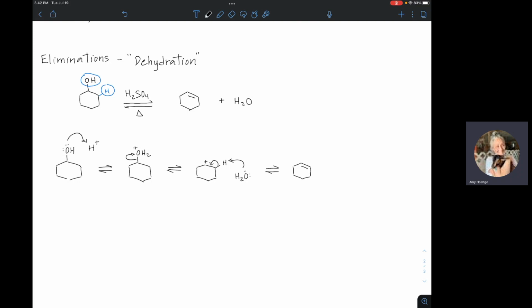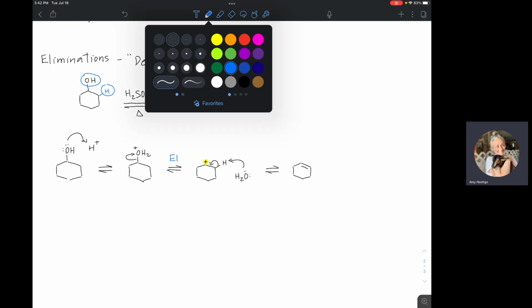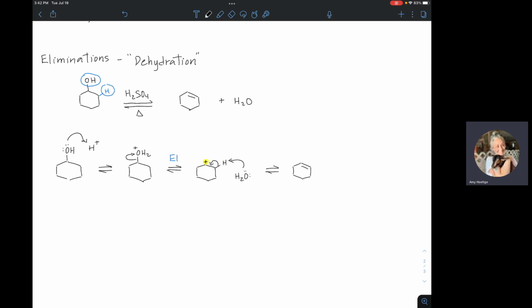So this would be the dehydration of a secondary alcohol. In this particular case, because we're forming the carbocation, and then we're coming in and taking the proton from the beta carbon, remember this? This is an E1 process. So dehydration reactions for secondary and tertiary alcohols follow an E1 mechanism. So again, to recap, the acid is going to protonate the most basic atom in the reactant, and in this case, it's the hydroxyl group.